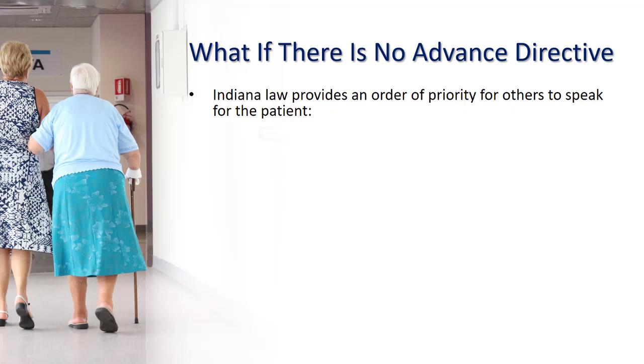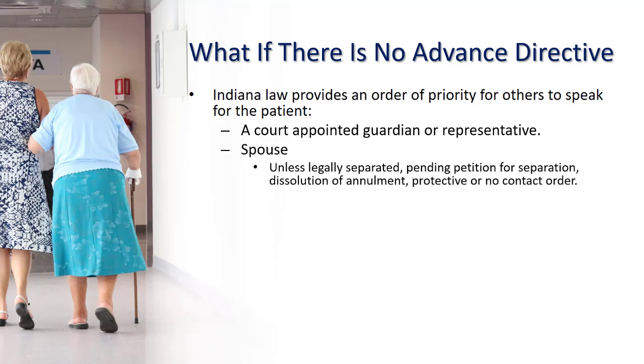However, Indiana law provides an order of priority for others to speak for the patient if they are present or if you're in communication with them. This order is a court-appointed guardian or representative, a spouse, and there's some qualifications to this.